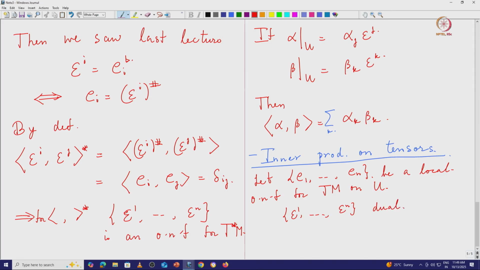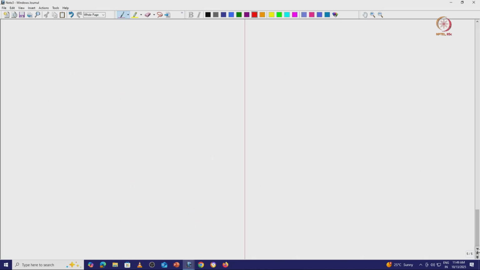Okay. So then consider this collection E i1 tensored up to E iA tensored with epsilon j1 tensored up to epsilon jB, over all possible choices for these indices.